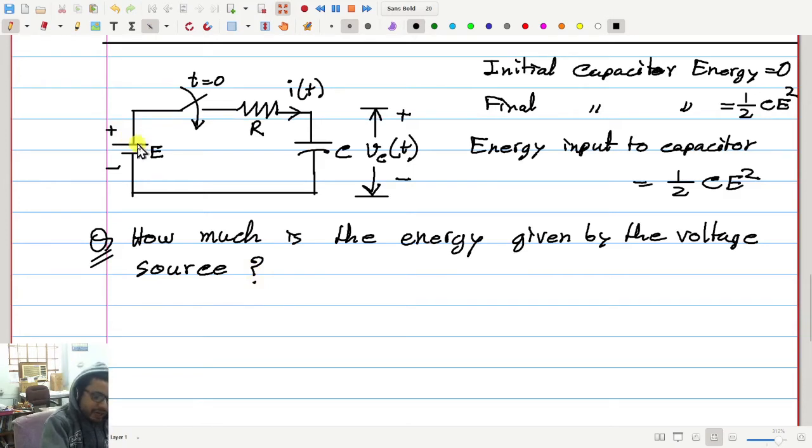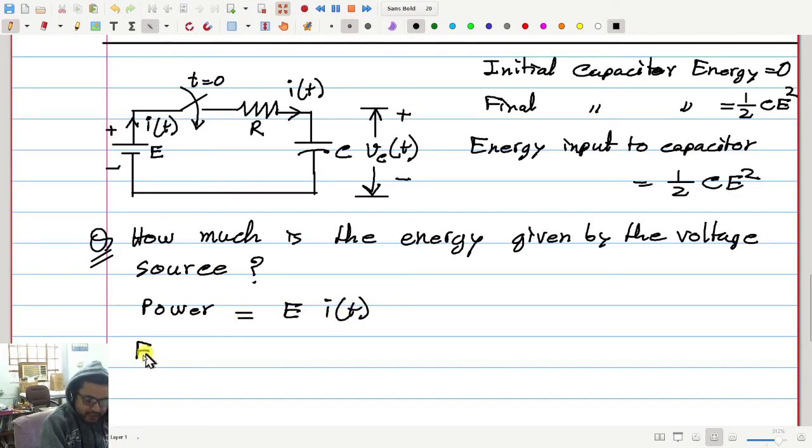So see, this current is the same as this current I(t). Acha, so the power given by the source at any moment is E multiplied by I(t). E voltage is constant, but current is changing with time.